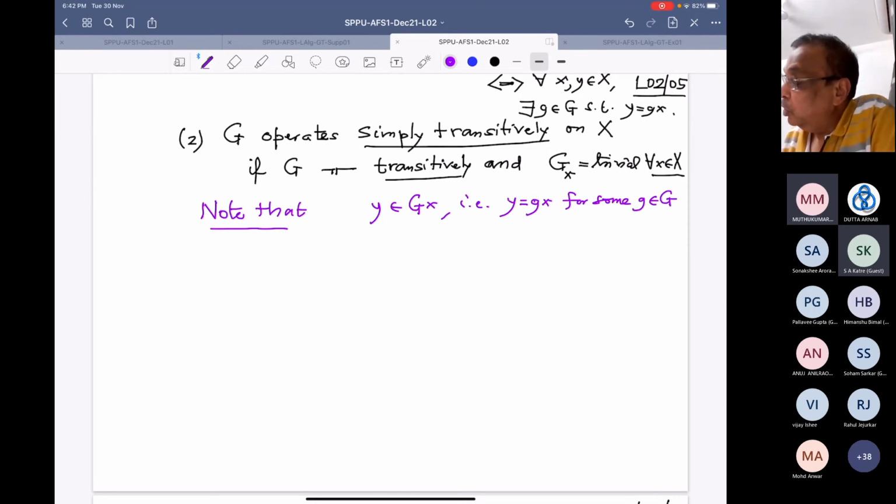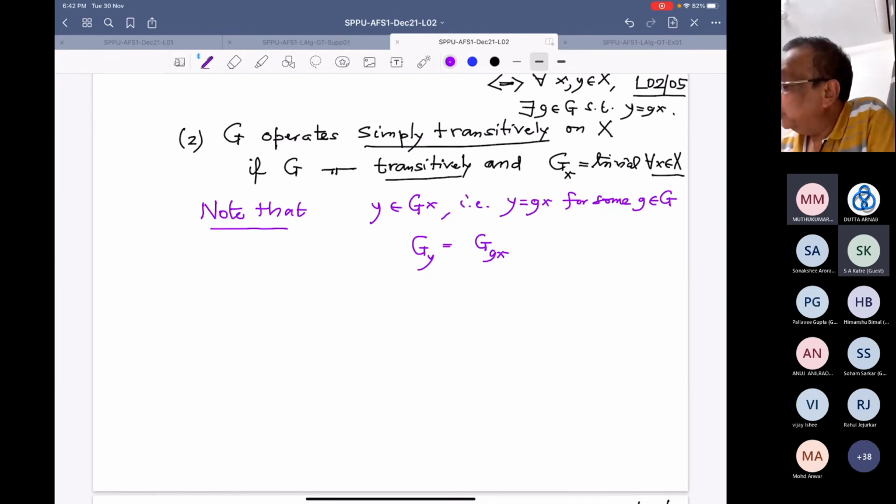Then we can also talk about isotropy. I will keep saying isotropy or stabilizer, that is one and the same thing. So Gy is... Gx. What is the relation between this isotropy and the isotropy at x?